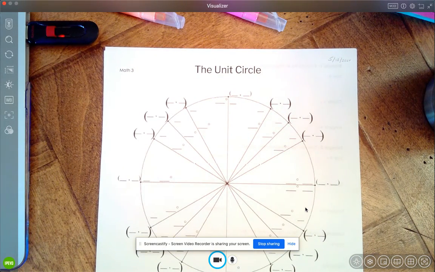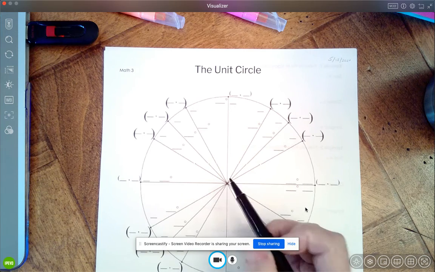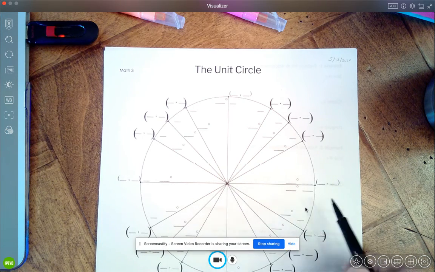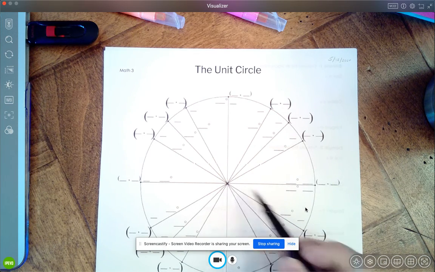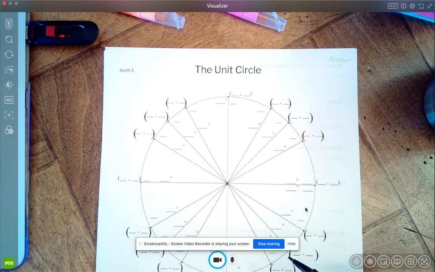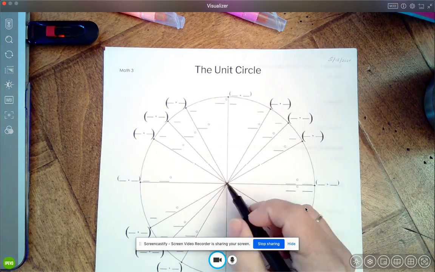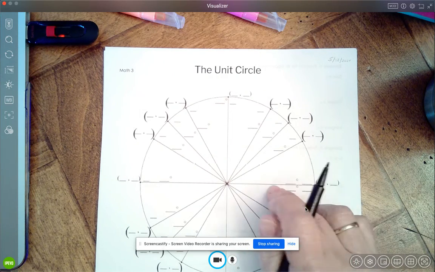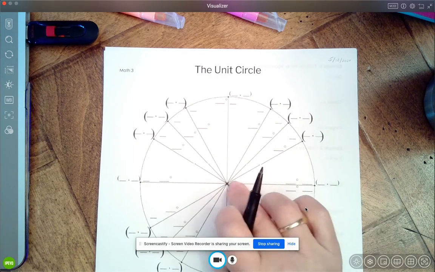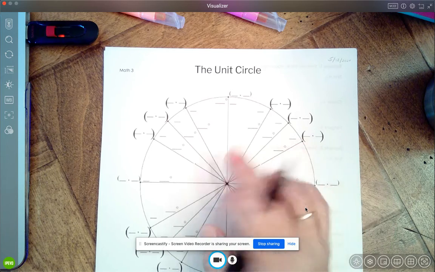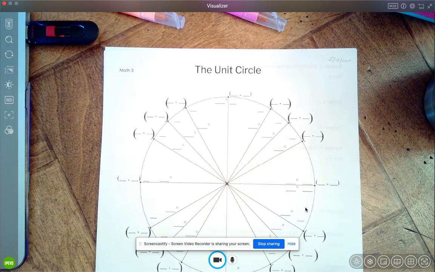Unit means one. So from your center here, the radius is 1. All the way around, everything is going to be 1. From here, over here, this is 1 unit. Here is 1 unit. Everything is 1 unit. Okay, so let's go from there.